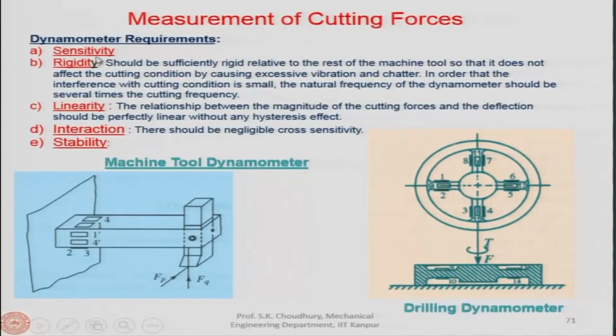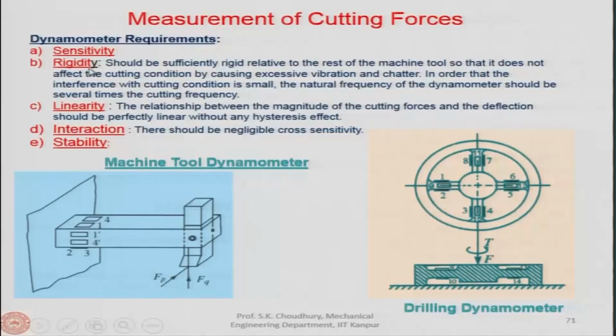So, first is the sensitivity. Sensitivity means that they should be highly sensitive. Even a small force acting on the dynamometer, it should be able to sense properly and correctly. It should not have error in the reading.